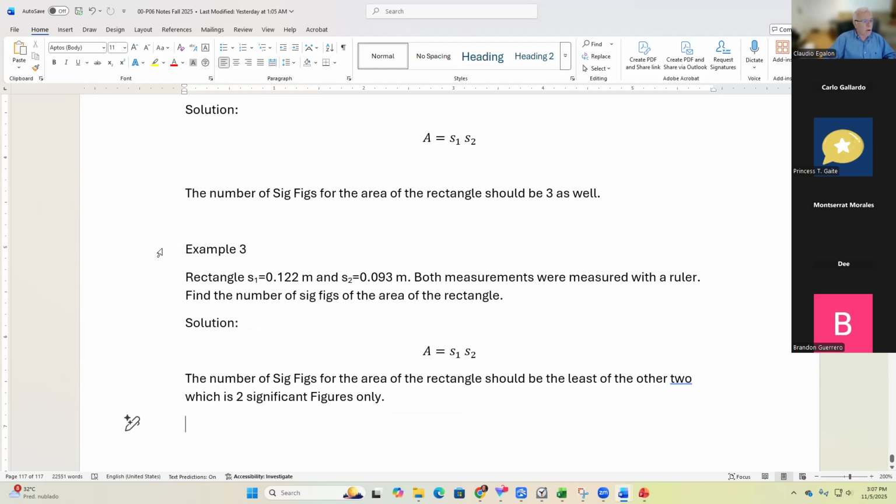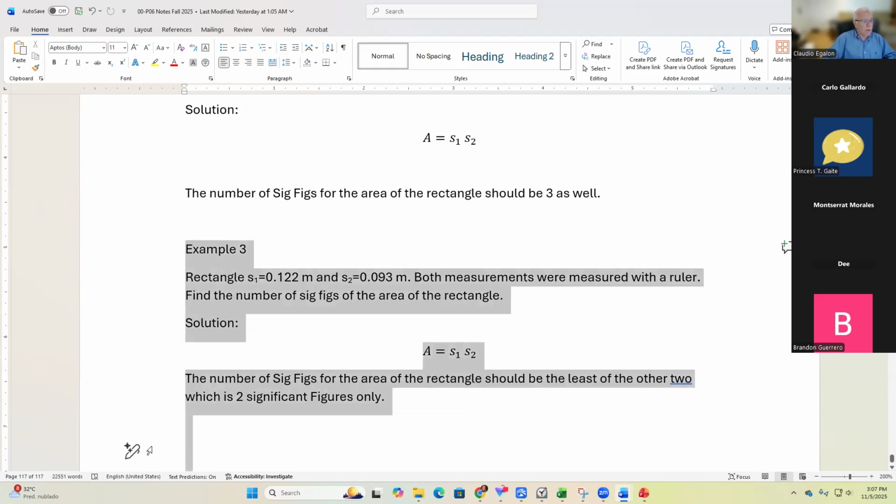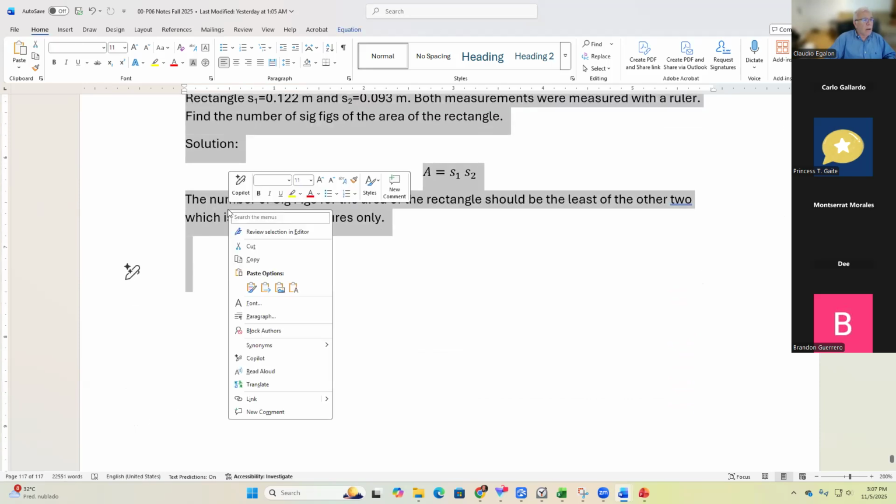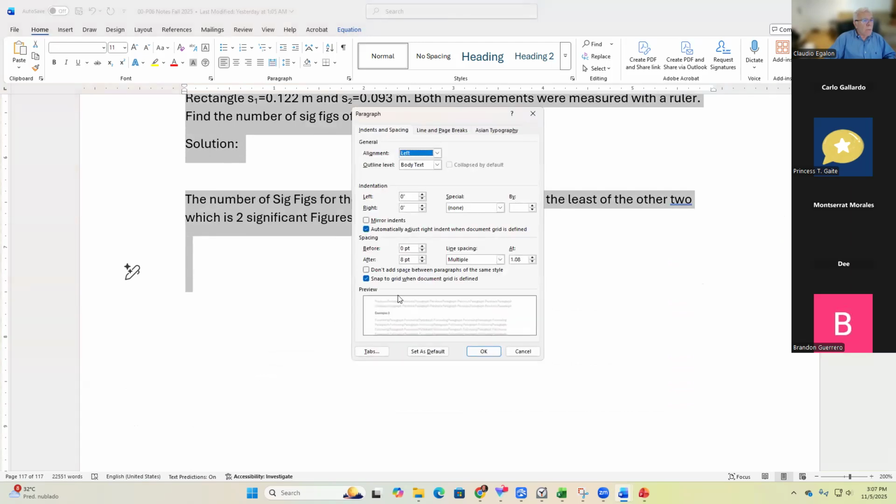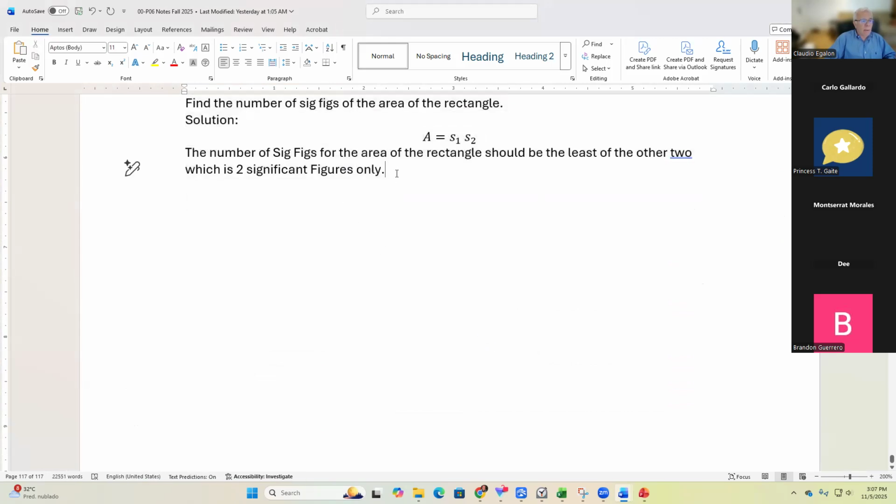And now we have to cover something else, which is the rule for significant figures for addition and subtraction. What is the sig figs rule for addition and subtraction?